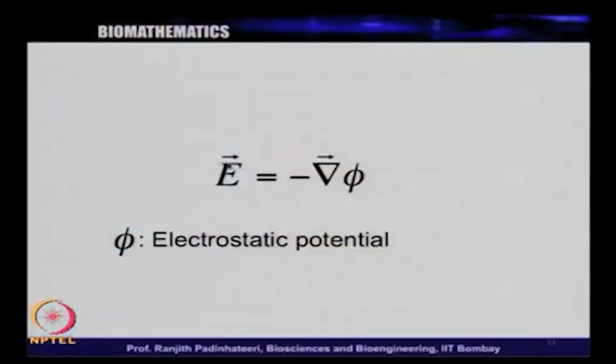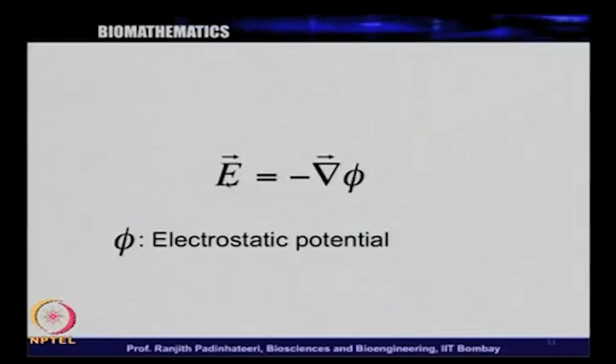We just have to remember that the electric field is minus del phi, where phi is the electrostatic potential. This is another vector relation. E is a vector, del is a vector, and phi is a scalar. Energy is a scalar. This is just like force being the derivative of energy, something equivalent to that here.